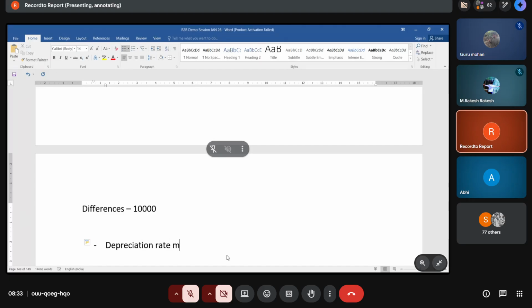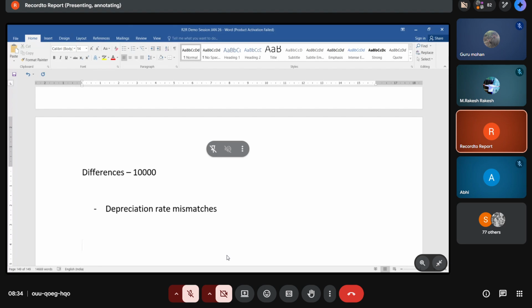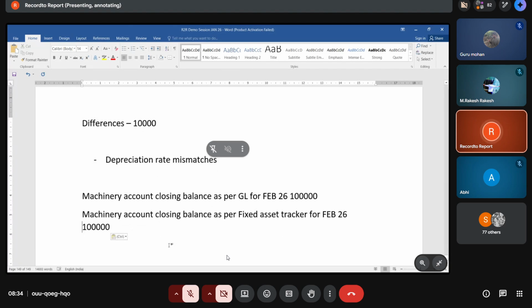And another reason in depreciation is depreciation rate mismatches. That means instead of updating 10%, it has been updated at 20%. See here, the fixed asset register is showing 80,000 rupees, but the fixed asset tracker is showing 90,000.